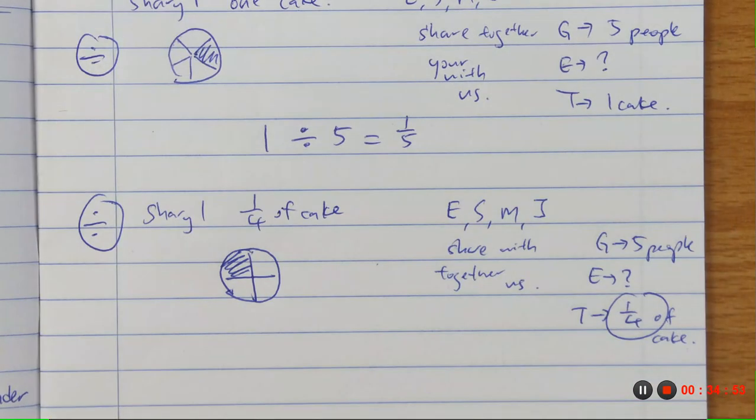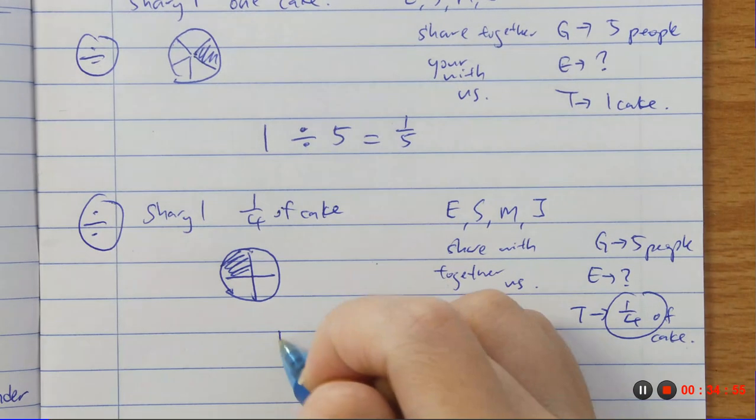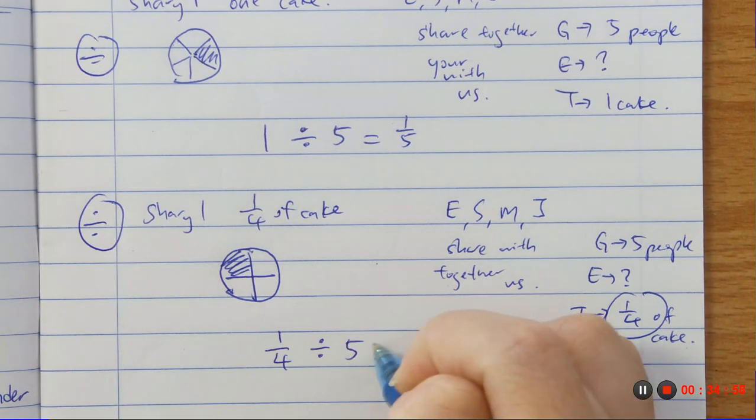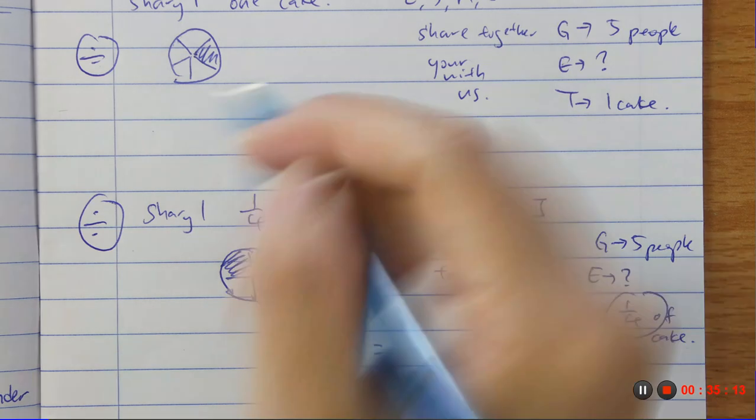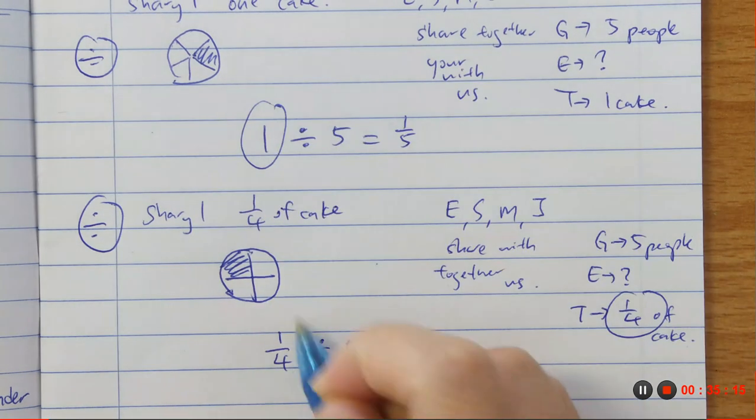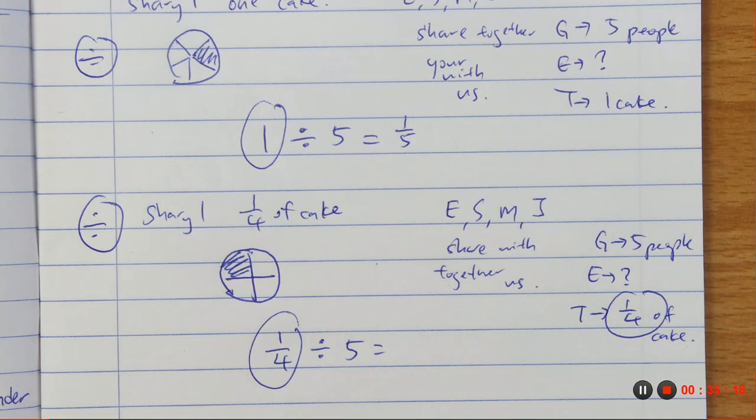Then how? 1/4 of the cake needs to be divided by 5 people. How? Okay, so instead of the 1 cake, it becomes 1/4 cake. Why? How much cake will each person get?